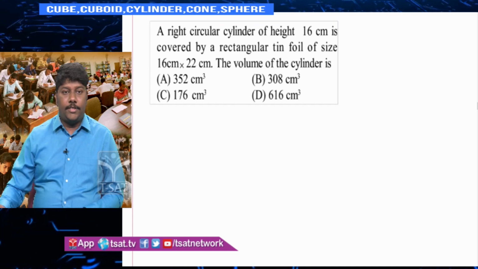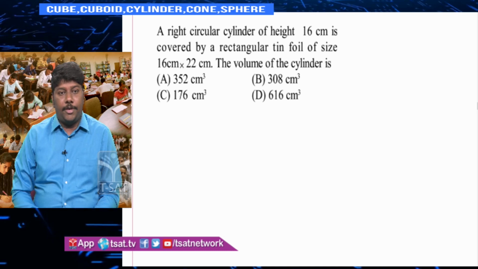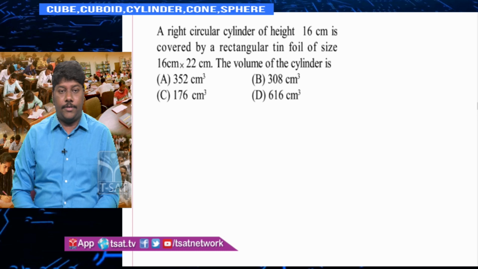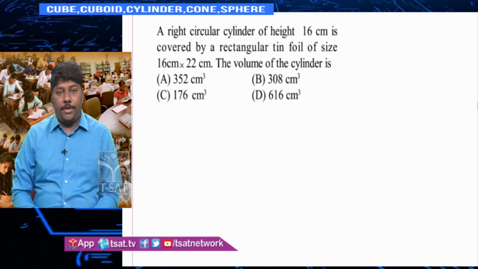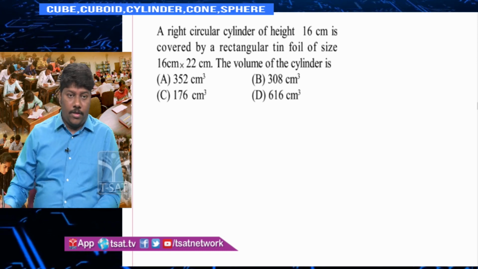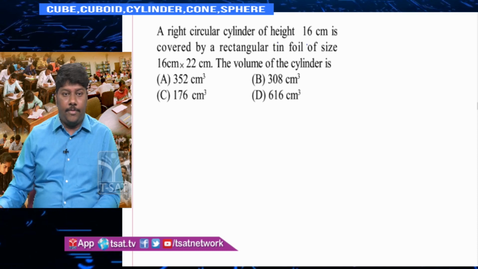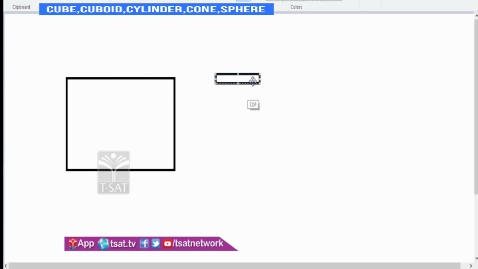A right circular cylinder of height 16 centimeter is carved by a rectangular tin foil of size 16 centimeter by 22 centimeter. The volume of the cylinder is? See, you are forming a cylinder of height 16 centimeter, covered by a rectangular tin.